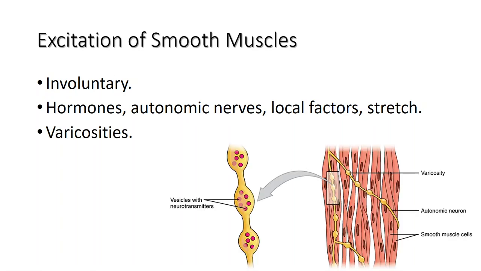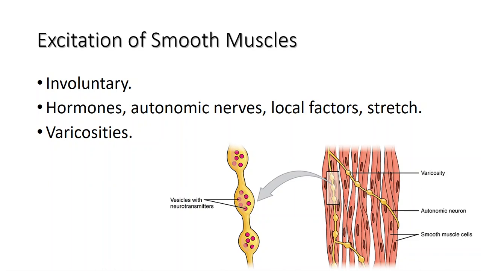Axons of autonomic nerves do not form the highly organized neuromuscular junctions with smooth muscle, as seen between motor neurons and skeletal muscle fibers. Instead, there is a series of neurotransmitter filled bulges called varicosities. These loosely form the motor units. A varicosity releases neurotransmitters into the synaptic cleft.